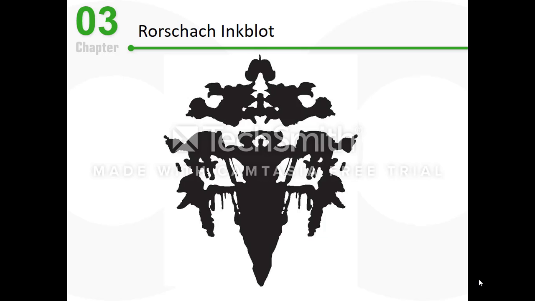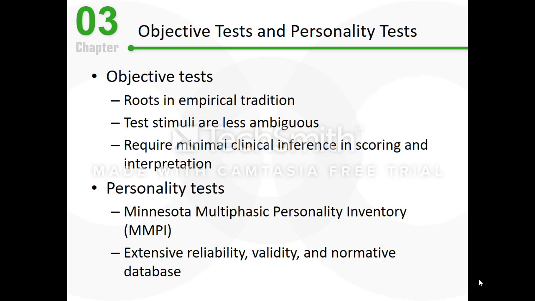Here's an example of a Rorschach ink blot. See what you see there. And so, again, many people see different things, but according to Freud's theory, you're going to project your sexual and aggressive kind of instincts onto that neutral stimulus.